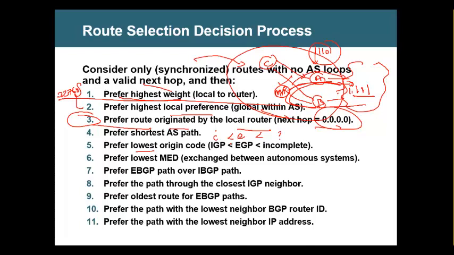Question mark is the least preferred option. Question mark comes only when we have a redistributed network. If someone takes a route from OSPF and redistributes it into BGP, then BGP will show the origin code as question mark. Lowest origin code.